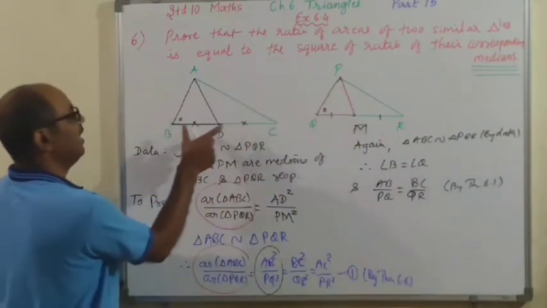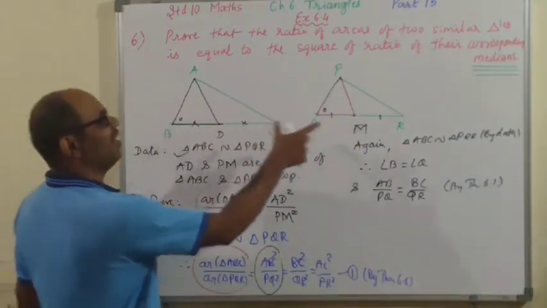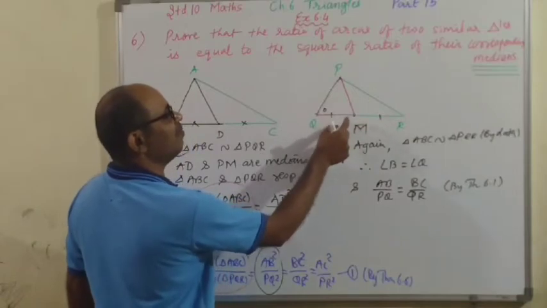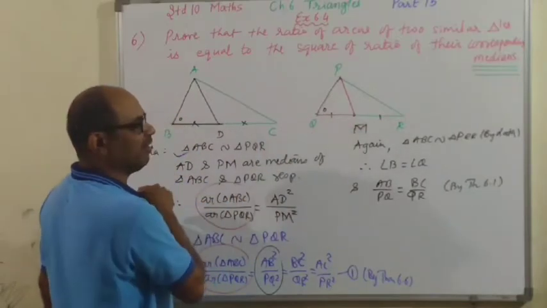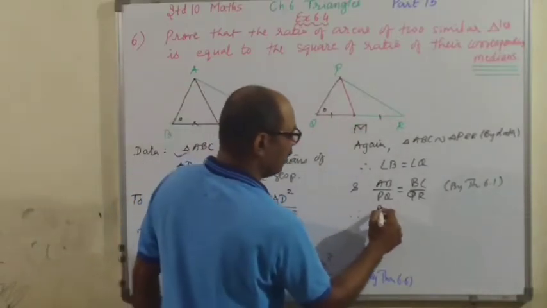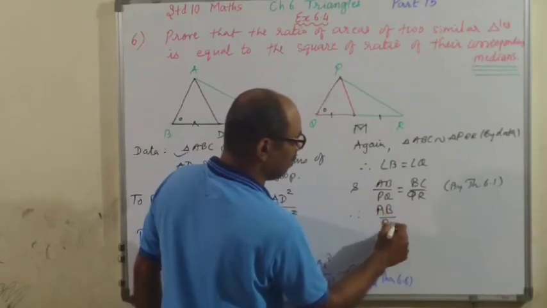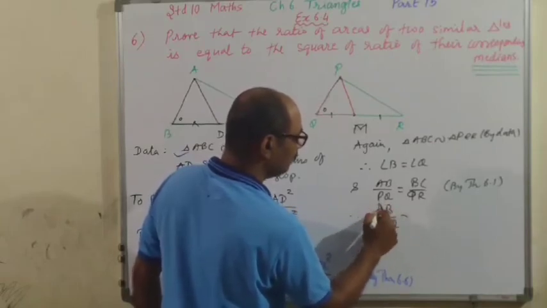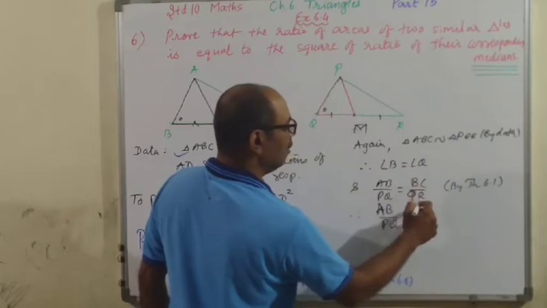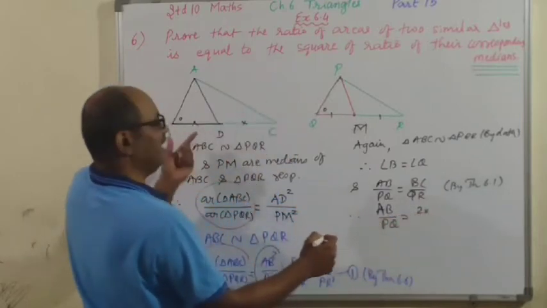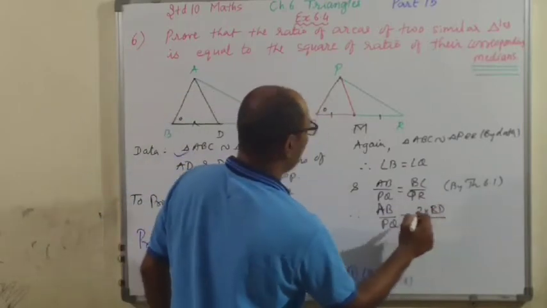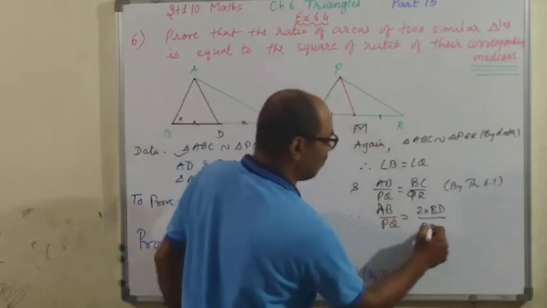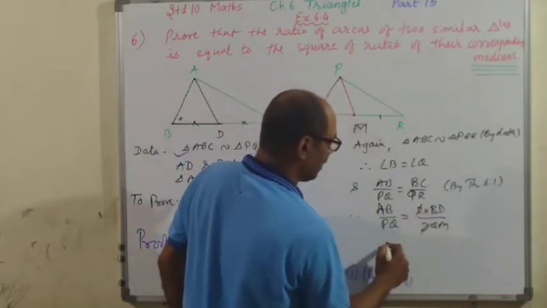Now BC is double of BD and QR is double of QM because M is midpoint and D is midpoint here. Therefore, AB upon PQ is equal to 2 times BD upon 2 times QM. 2 cancel.